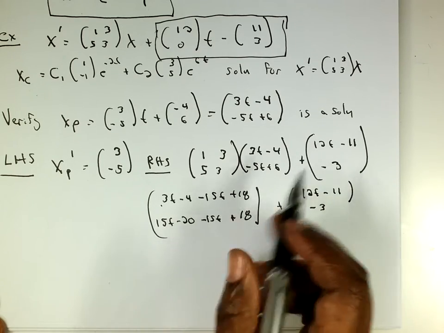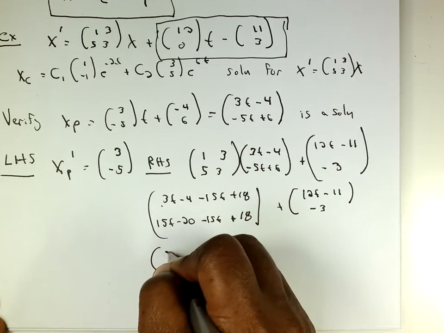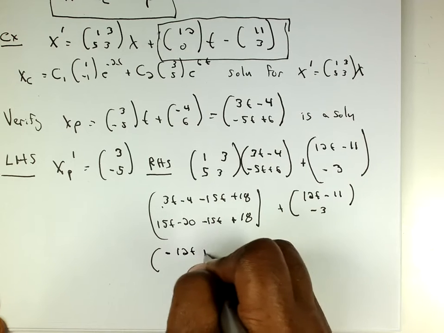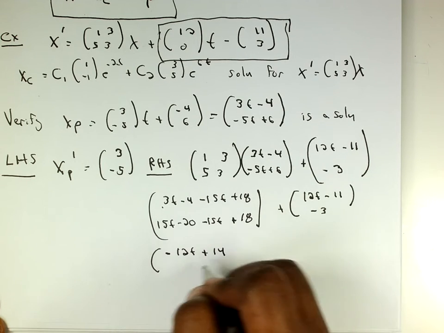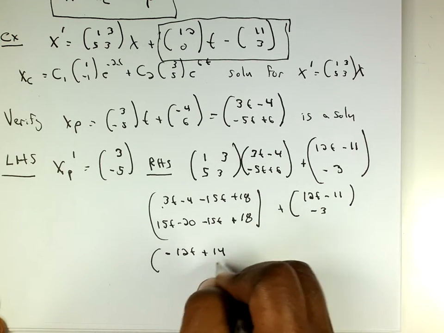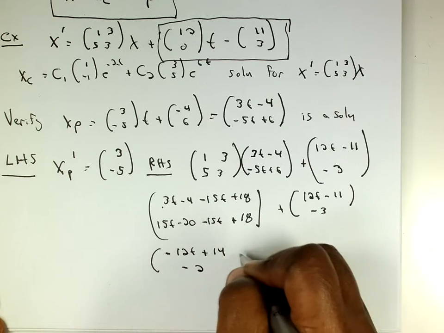Add those two together, I get negative 12t plus 14. And then on the bottom, I get negative 2.